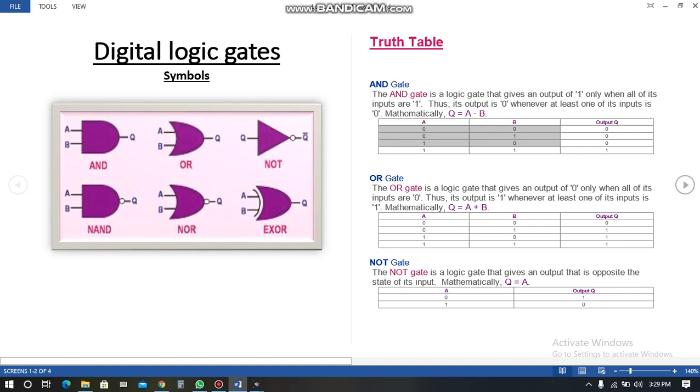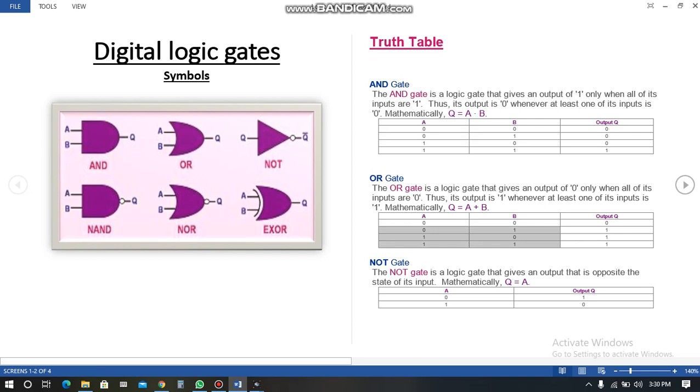What low output means is a 0 in binary. In the OR gate, we notice that whenever we have both low signals in input, we get a low signal in output. In all other cases, where one is high and the other is low, or both are high, we get a high output.